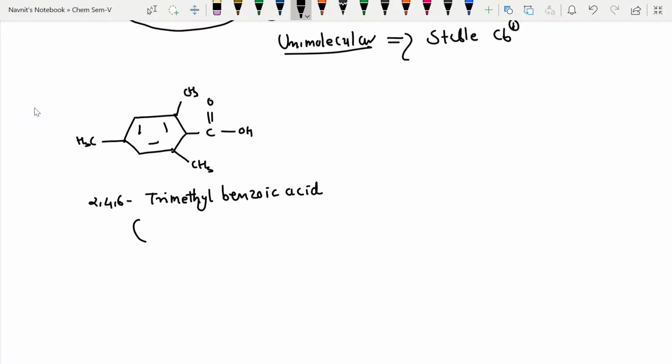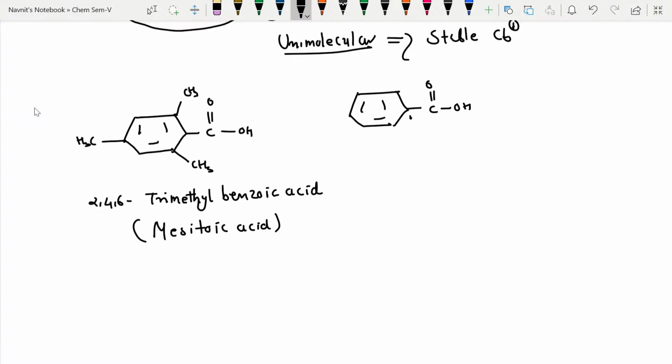And this is also known as mesitoic acid. Another acid that is 2,4 dimethyl benzoic acid.